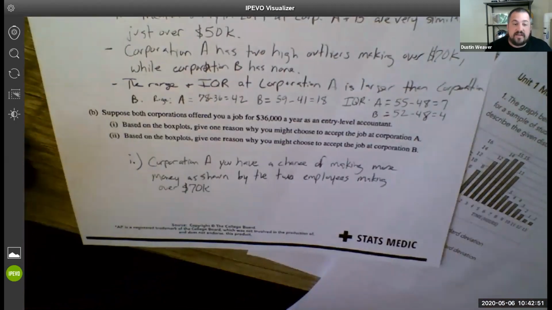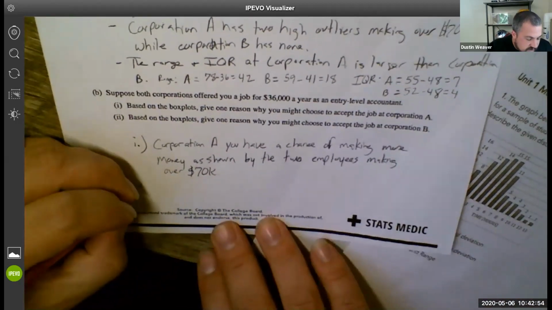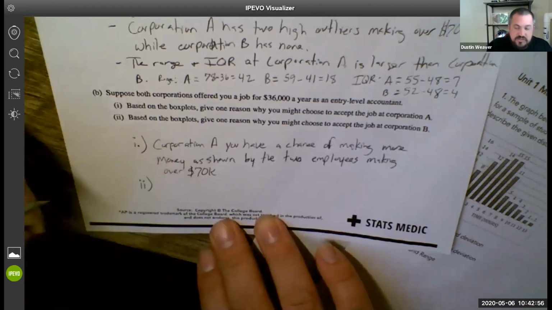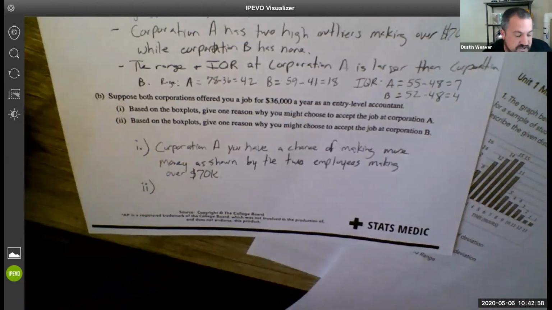So at Corporation A, you've got a chance to maybe be one of those outliers. You've got a chance of making more money in Corporation A.